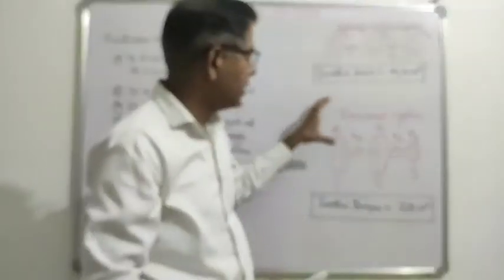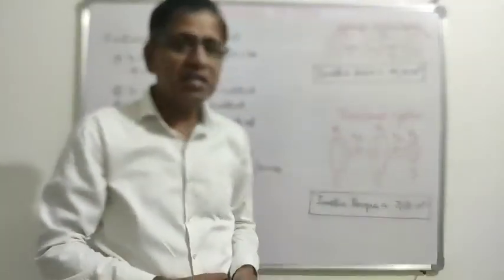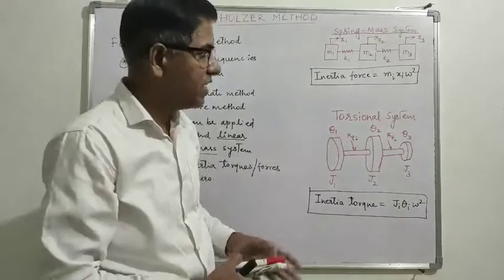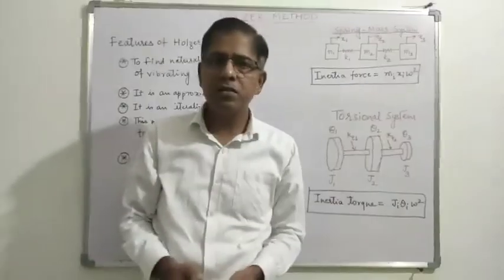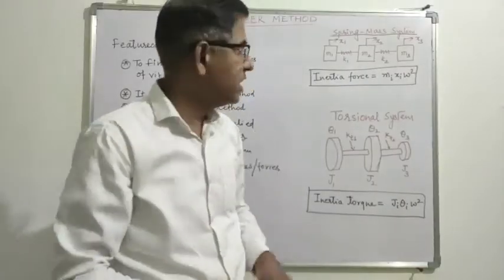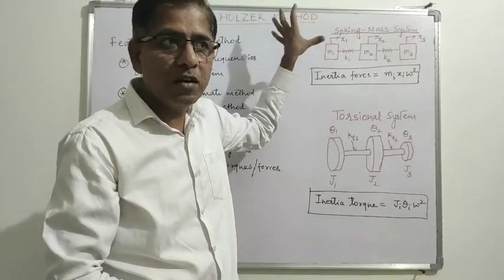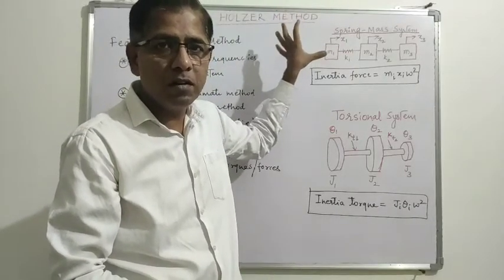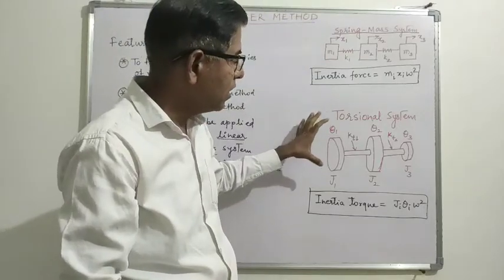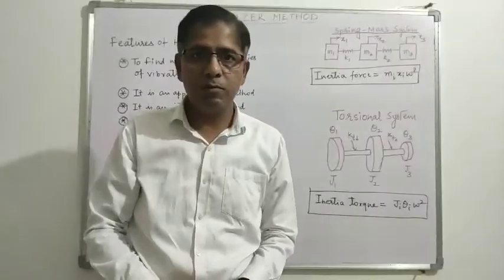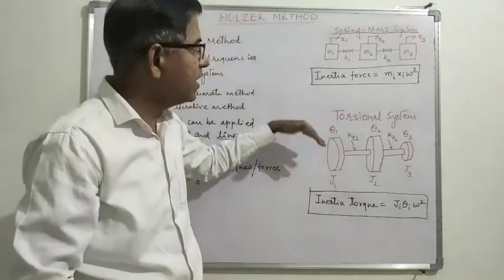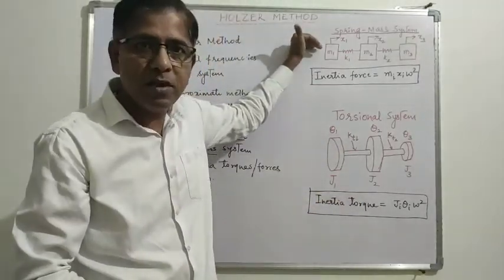But as far as textbooks and the literature available on the Holzer method are concerned, they say that the Holzer method was developed, invented basically to solve torsional system problems. Later on it was applied to spring mass system as well.